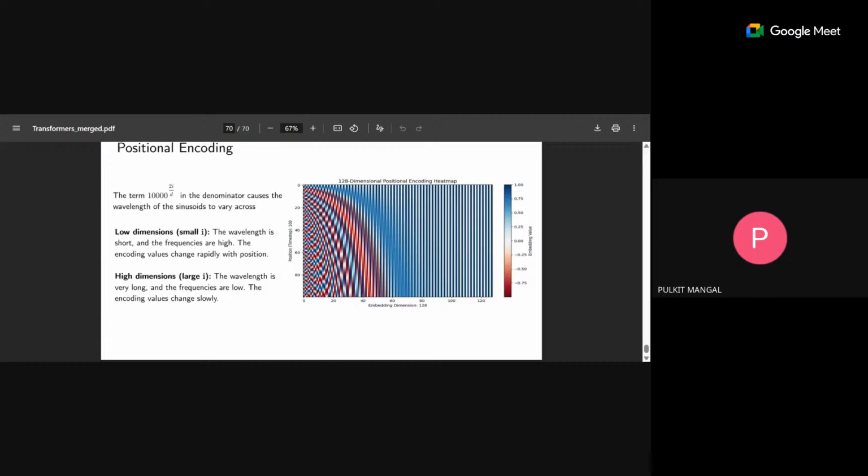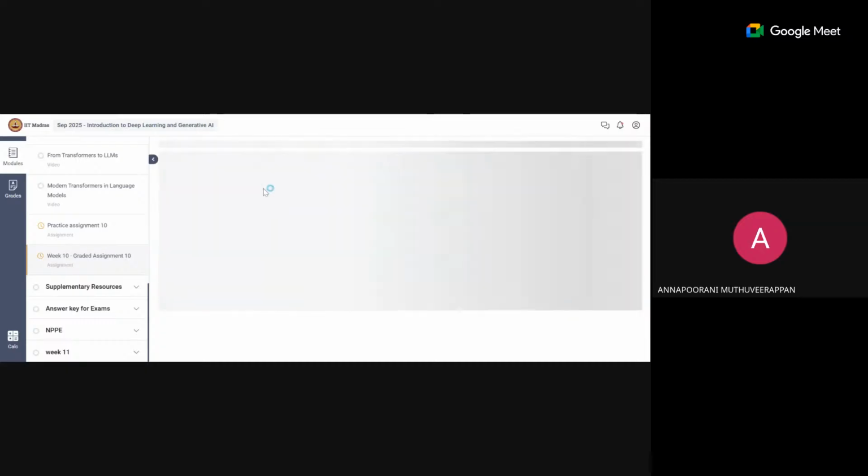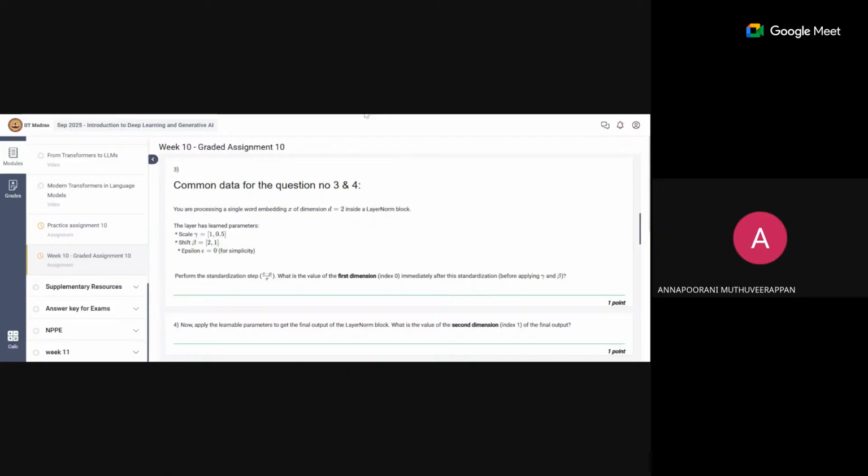So, any doubt, anyone? Yeah. I have a doubt in week 10 graded assignment question 3. I don't want to discuss the answer, but without x given, with only shift and scale given, shall we be able to calculate what has been asked in the question? I'm not able to understand.